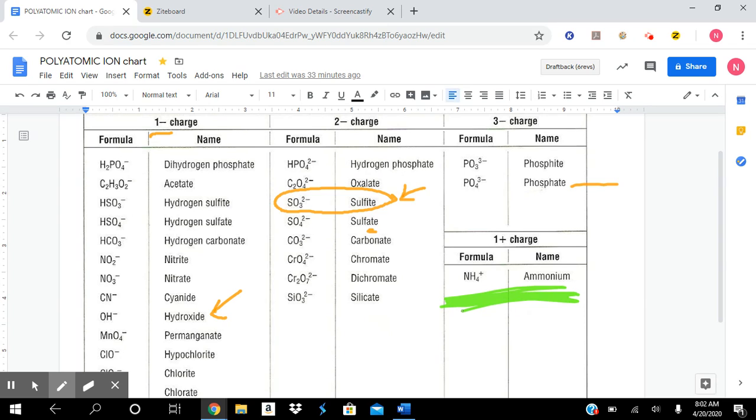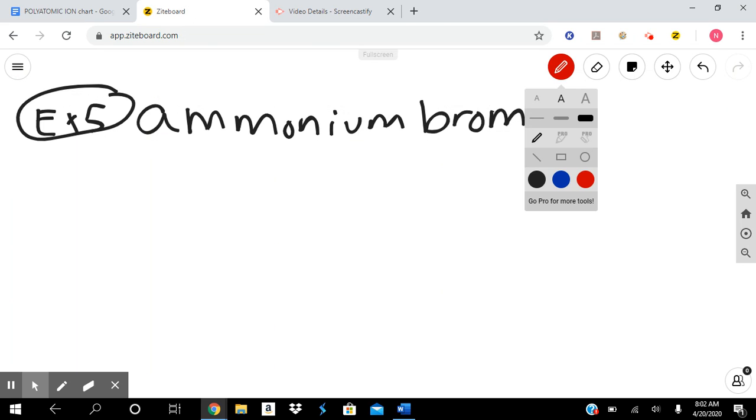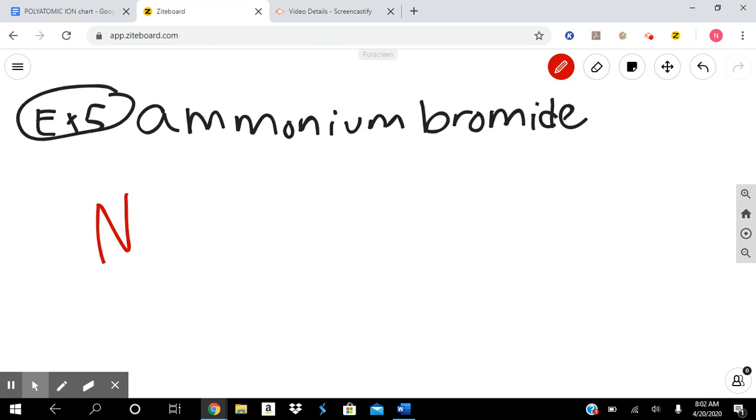And so that means it's going to go first. So ammonium is NH4, 1 plus. NH4, 1 plus. This is the only polyatomic that goes first.